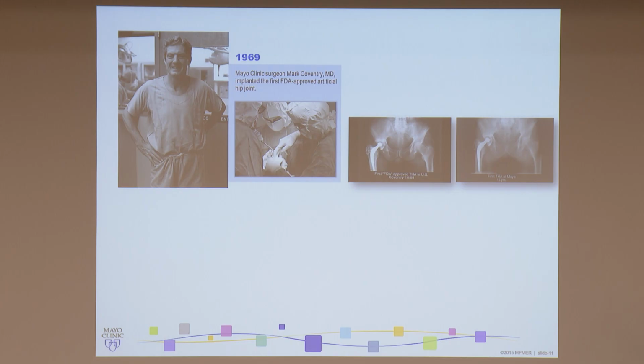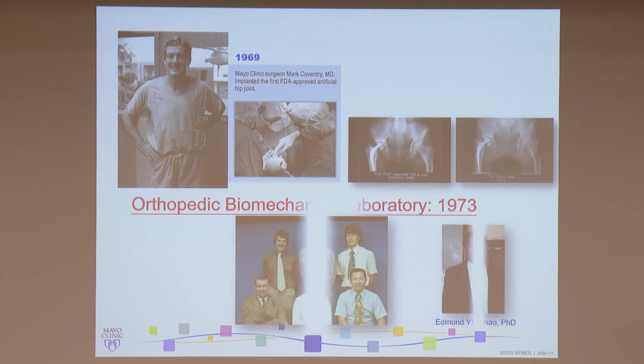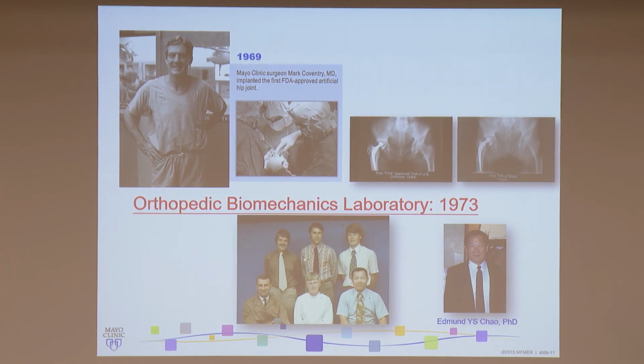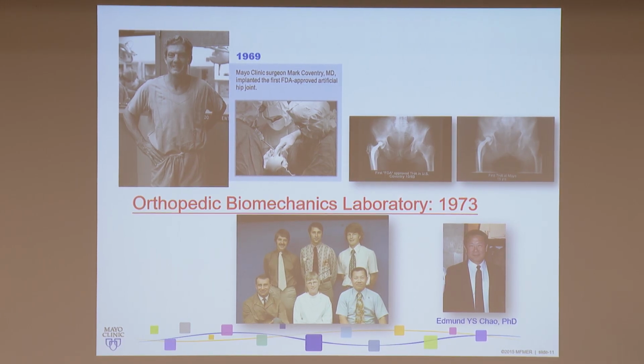In order to do that, he said we have to have our own research laboratory. So with that in mind, long story short, in 1973 Edmund Chow, who some of you may know, lives in Irvine now, near Los Angeles. He graduated from National Taiwan University and was at the University of Iowa, just finished his study in biomechanics.